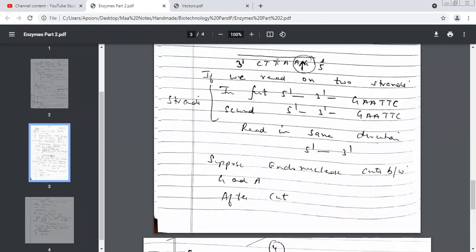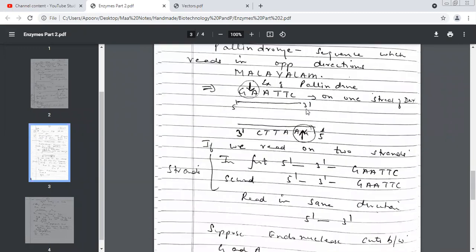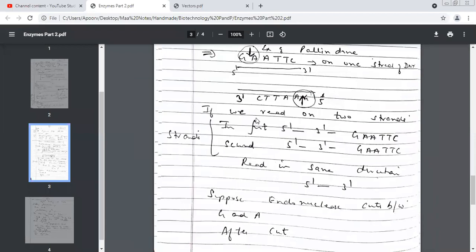Let me show you this again. This was which prime? 3 prime. When it is cut from here, this will be which prime? 5 prime.